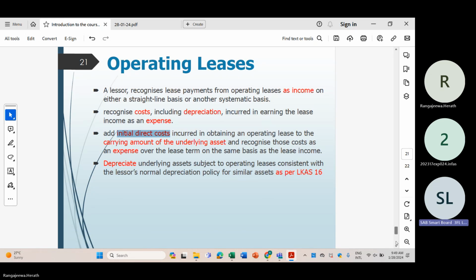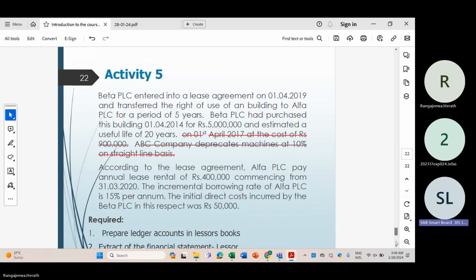So here we have an activity. Beta PLC entered into a lease agreement on 1st April 2019 and transferred right of use of a building to Alpha for a period of 5 years. Beta had purchased this building on 1st April 2014 for 5 million, estimated a useful life of 20 years.